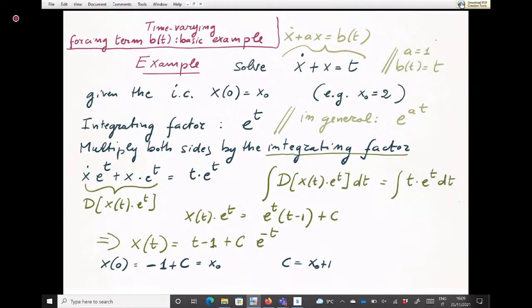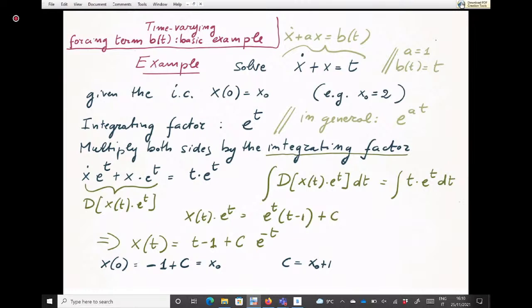This is my preferred way of solving, because the other way implies the solution of integration by parts, which is, in general, longer, takes longer. It depends on which function you have to integrate by parts, but in general it takes longer.